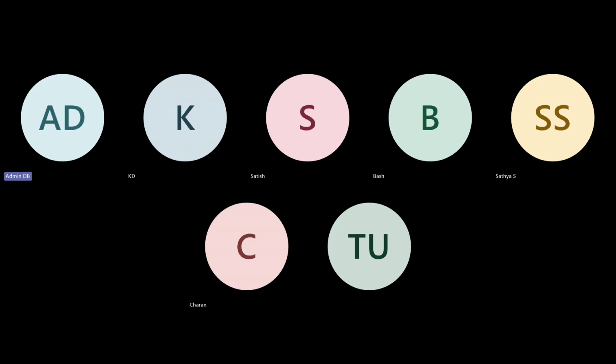But if the first number is 10 and the second number is 0, then 10 divided by 0 will be infinity. If that happens, it will send a message like division is not possible by 0.